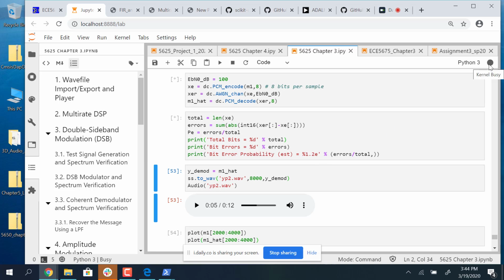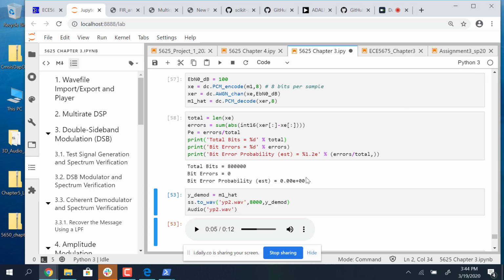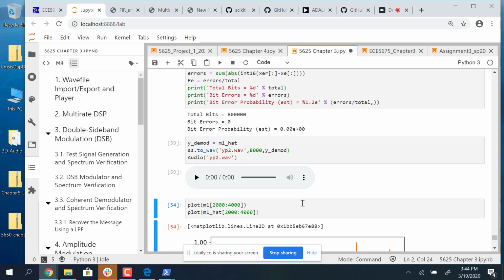You can see the dot over here is saying that the kernel is busy. It's done. No errors because there's no noise on the system, and we listened to this last time, but I just wanted to emphasize something about this, though, something I didn't show you last time.